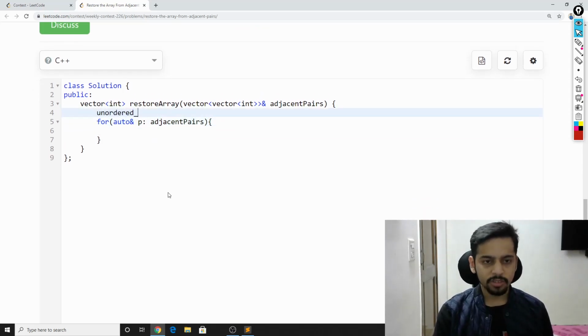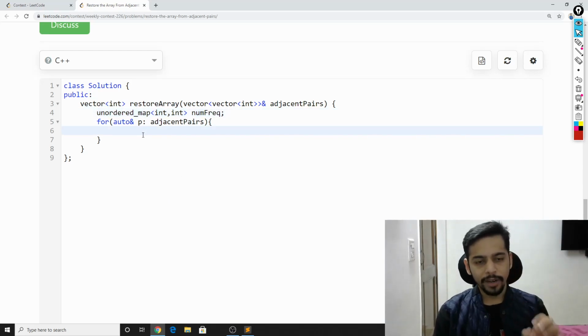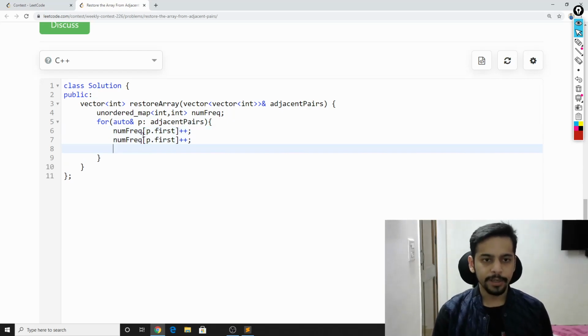How many times did a given number appear? Let me store that. So, num frequency mapping. I have this vector p, and I'll be like, okay, numfreq at p dot first plus plus, and numfreq at p dot second plus plus.